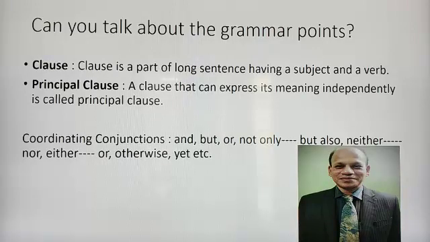And we need some conjunction. We call them coordinating conjunctions. Look at some of the coordinating conjunction here. And, but, or, not only but also, neither nor, either or, otherwise, yet, etc. You can find more. I have given here a few.